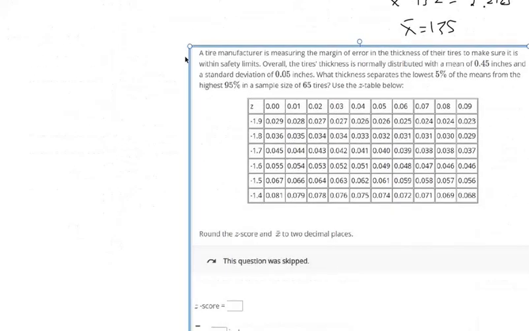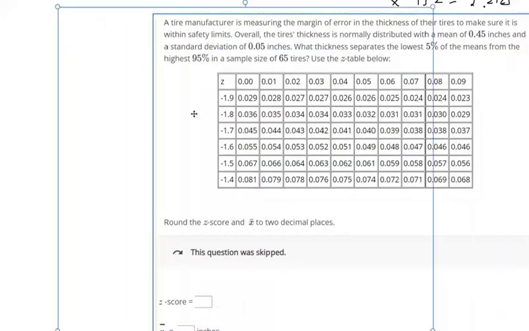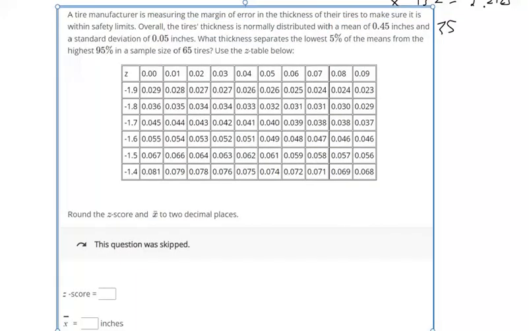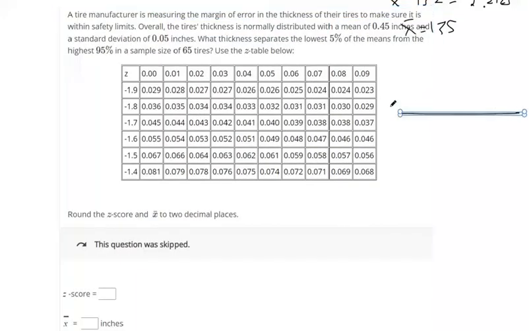So I think this question's similar, except this one wants the lowest 5%, right? So here's our z-score. If you want to find a value that represents the lowest 5%, you want 0.05 in the left tail. And the table is working in our favor in this case, because remember, the table always gives you values to the left.